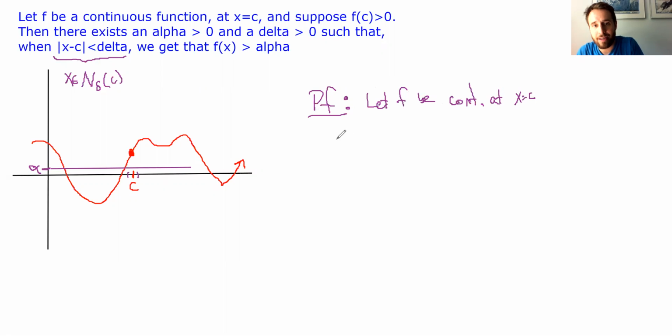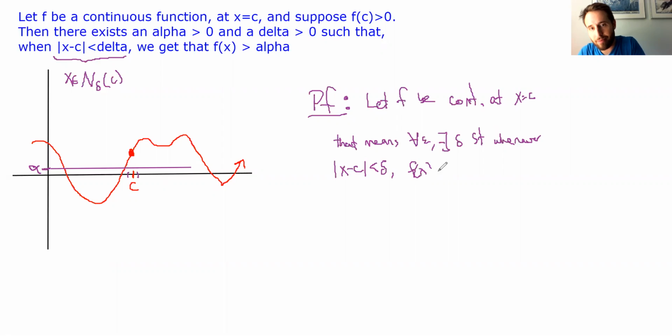What that means is that for every epsilon, there exists a corresponding delta such that whenever |x minus c| is less than delta, |f of x minus f of c| is less than epsilon.